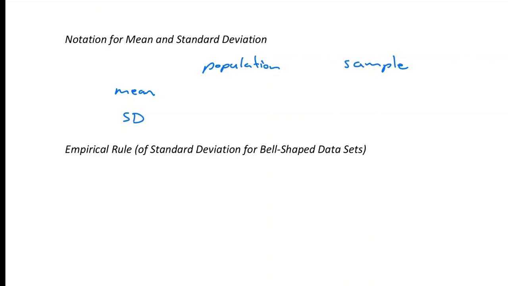When we talk about the mean for a population, we are using the Greek letter mu. If I'm talking about the standard deviation for the population, I'm using the Greek letter sigma. Okay? So mu for mean, sigma for standard deviation, both for population.